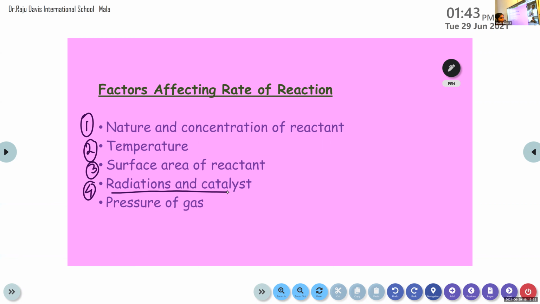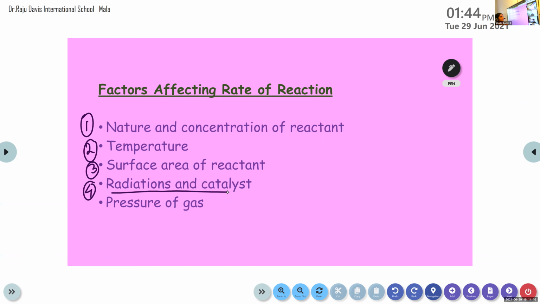And what do you mean by catalyst? Anna, what do you mean by catalyst? It fastens the reaction. Yeah, enhances or alters the rate of a reaction. It's a substance used in reactions to enhance or alter the rate of a chemical reaction without undergoing any change.